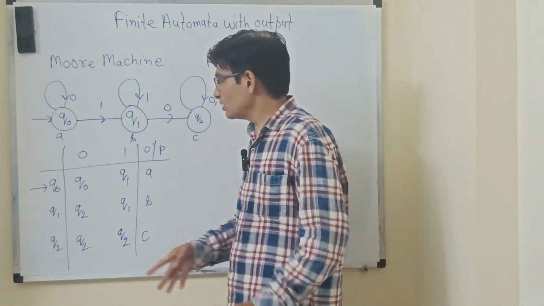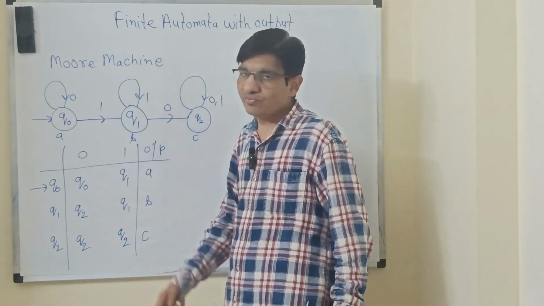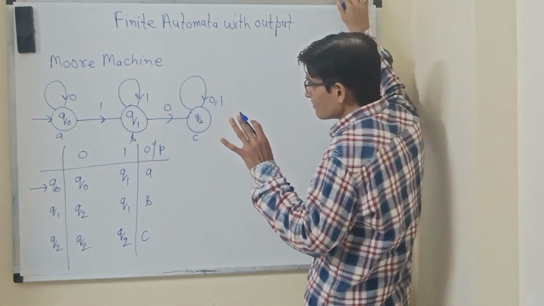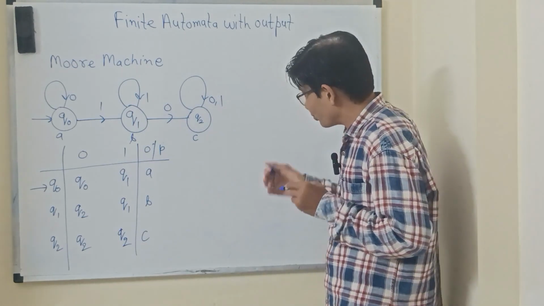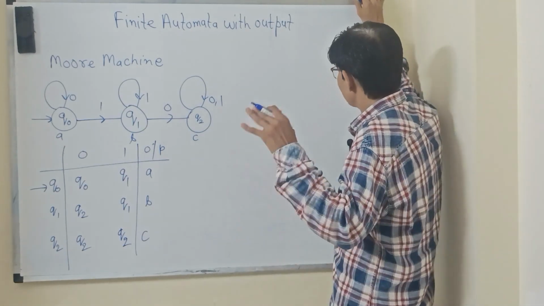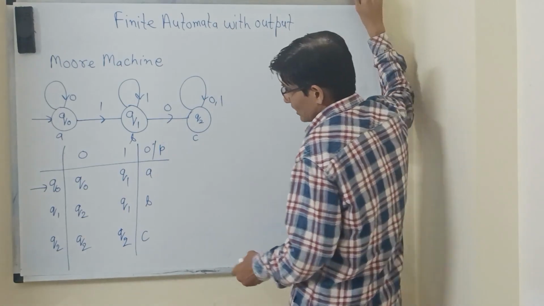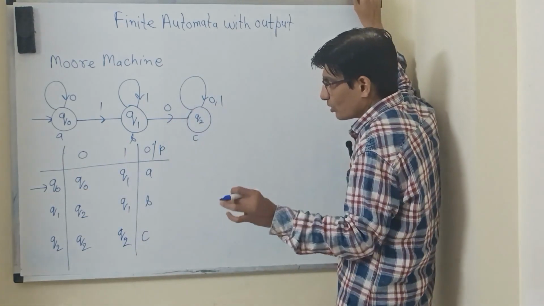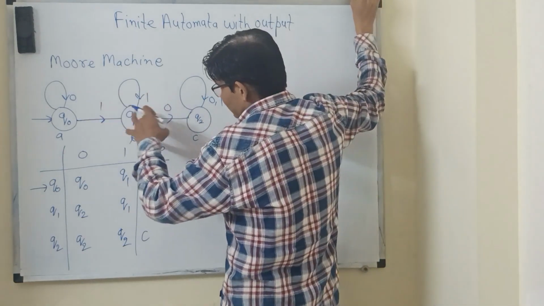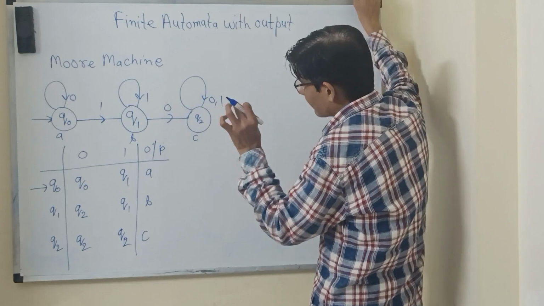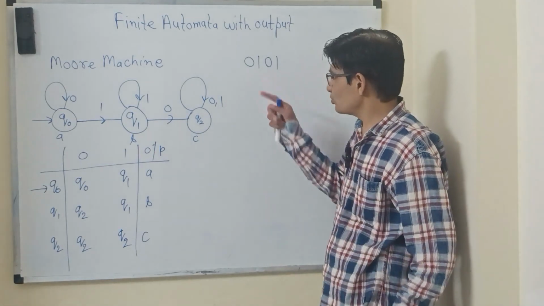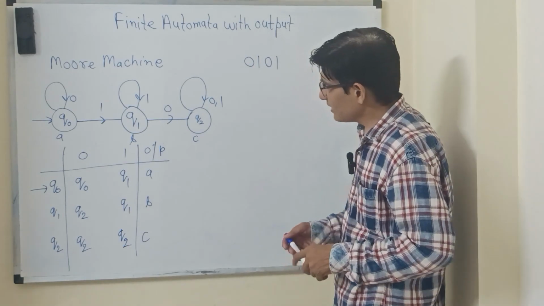Now I will tell you one example of how this machine generates the output. In any machine, if we are not giving any input, it will still be in the initial state, so it will always generate the symbol associated with the initial state. Suppose the input is 0101.